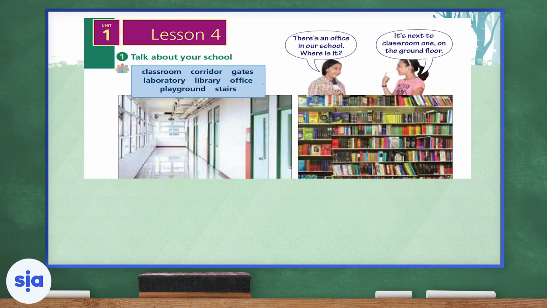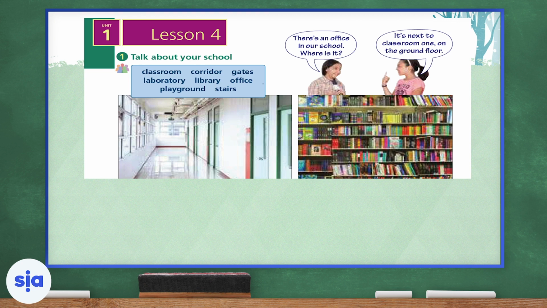Now we're going to be moving to lesson 4. Talk about your school. So I want you to use the vocabulary words that we've already used previously to talk about your school. So I'll give you an example. My classrooms are extremely large. I walk through a long corridor before I go up the stairs.